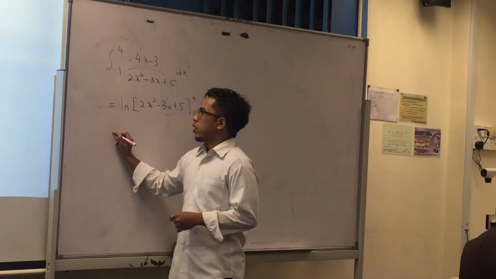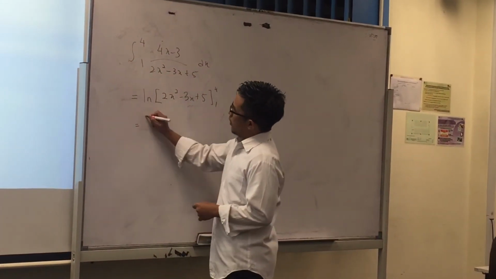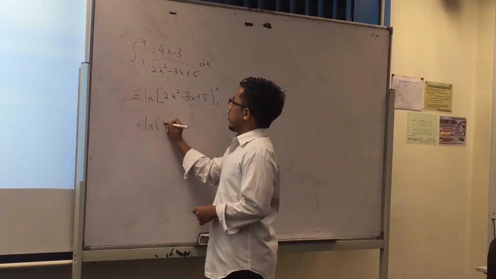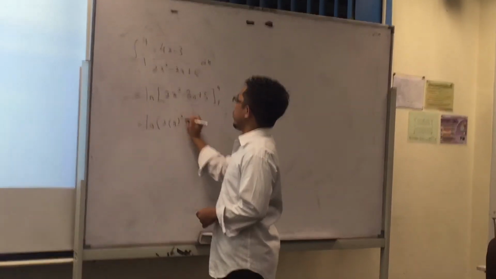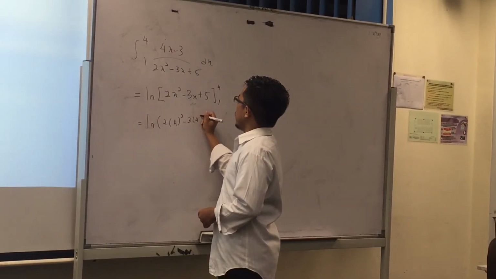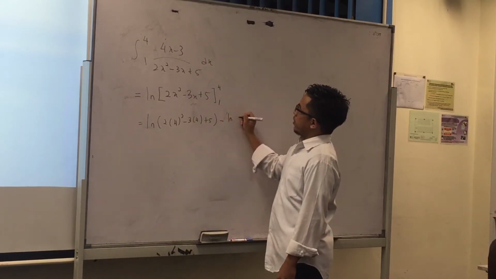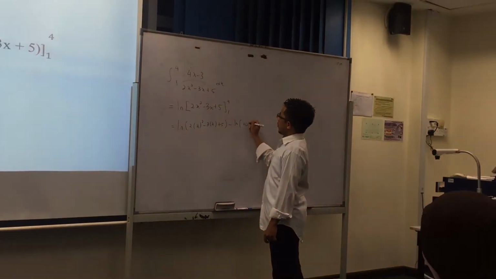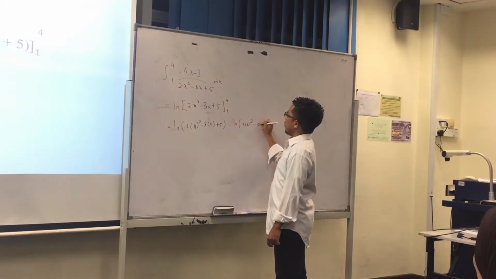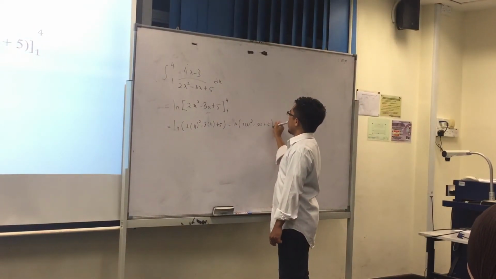Okay, we have to calculate first ln of 2 times 4 squared minus 3 times 4 plus 5 minus ln of 2 minus 3 plus 5. Okay.